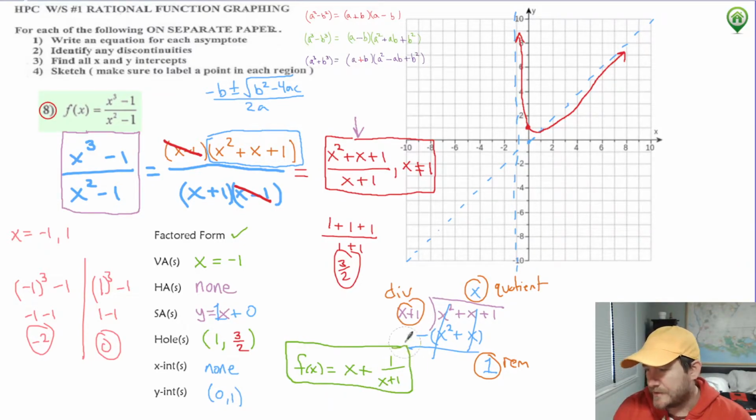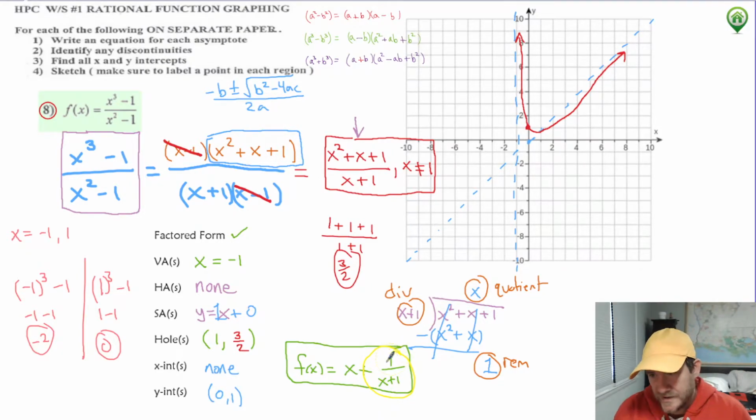And we said that one quick way to test if the function crosses its end behavior asymptote was to just look at this piece on the end, the remainder over divisor, because if this term is ever equal to 0, then the solution that makes it equal 0 is the point where you cross your end behavior asymptote. But I know that this never equals 0, because the zeros would be the zeros of the numerator, and the numerator is just 1.